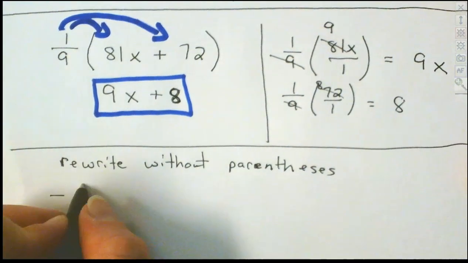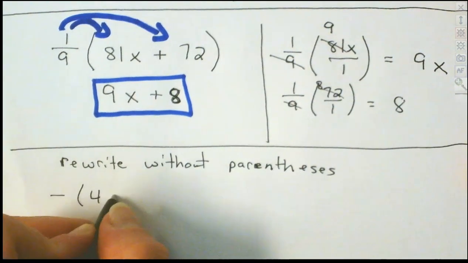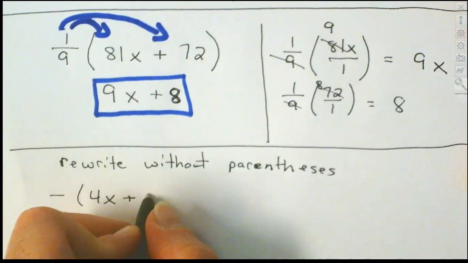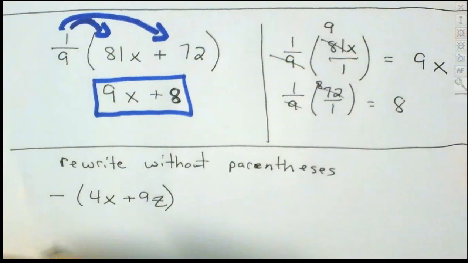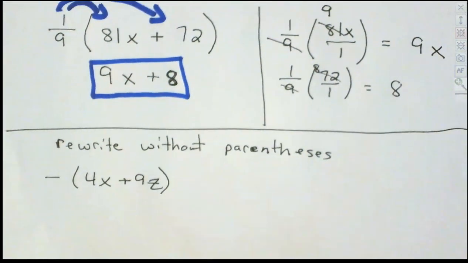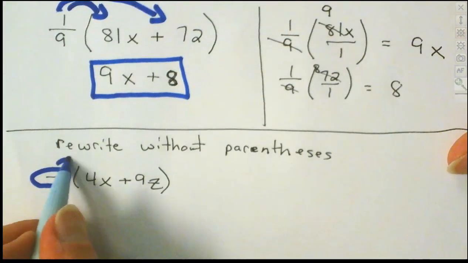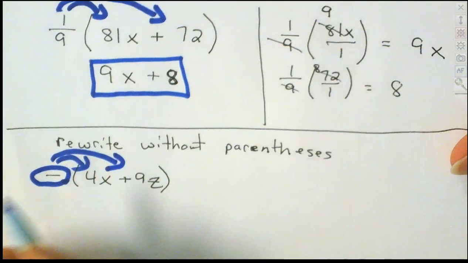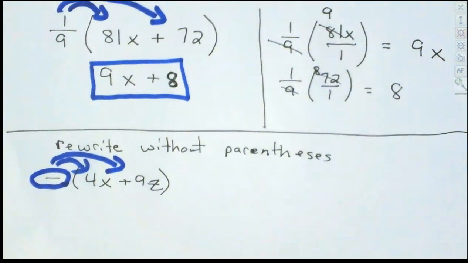So if I have a negative out in front, what does that mean? Okay, so we're going to rewrite this without parentheses. That negative out in front, well, that just means that this negative goes through, all right, and changes the signs. So negatives become positive, positives become negative.